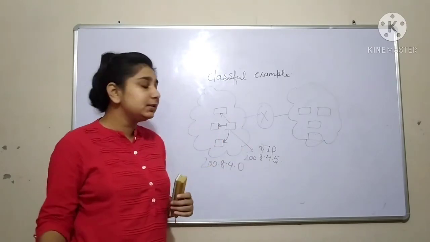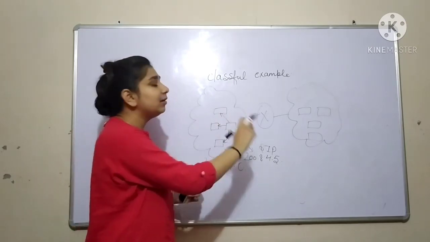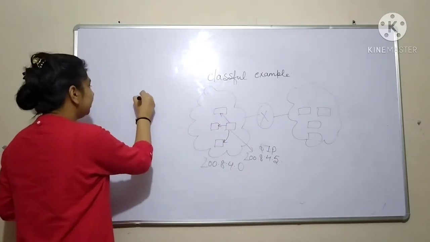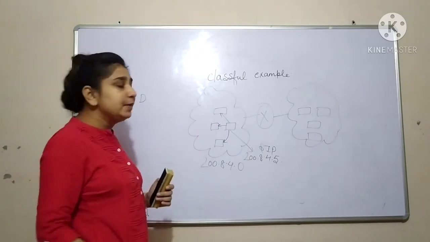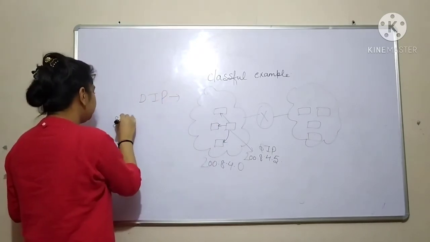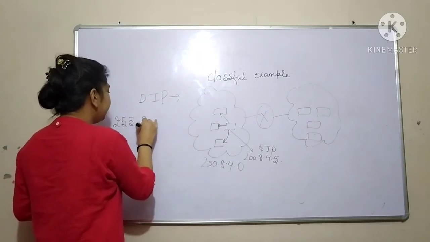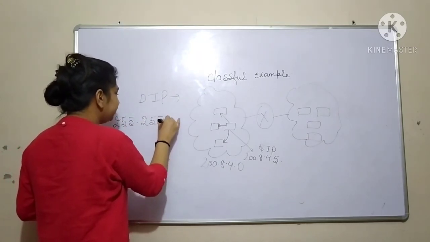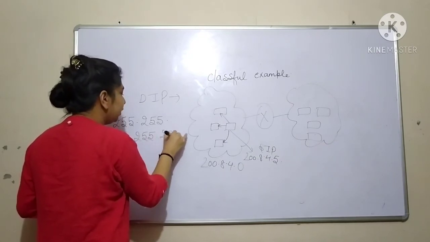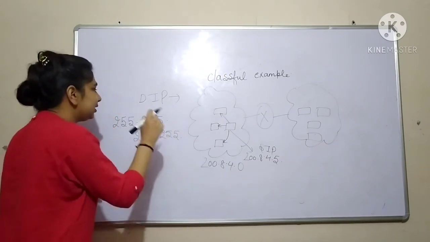And where the message is going? To all the other devices of the same network. Okay, so what is going to be the destination IP? The destination IP is going to be 255.255.255.255. So this is going to be your destination IP.